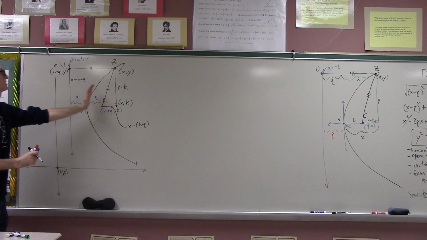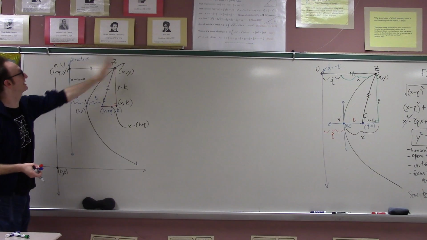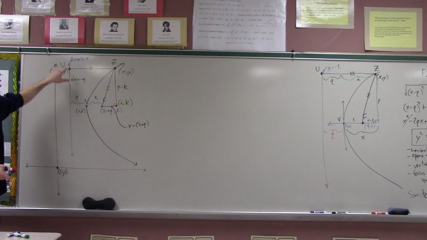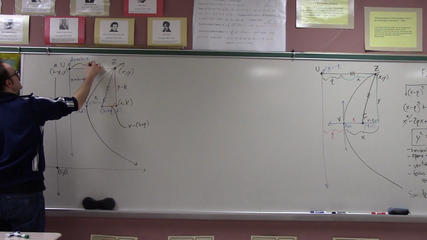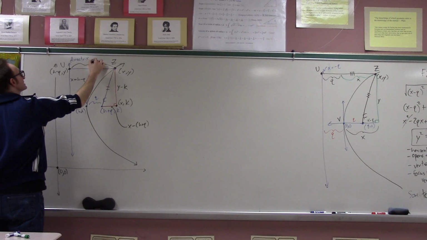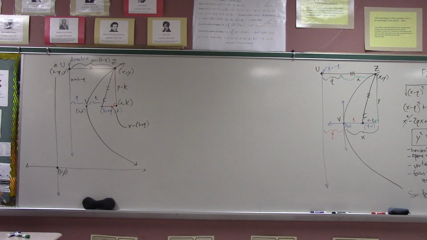So if I'm here at h minus q, then the distance between point z and u is x minus h minus q.